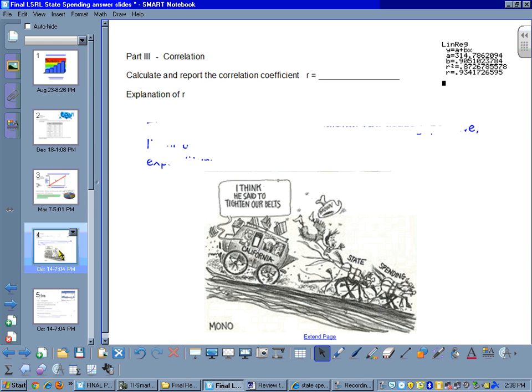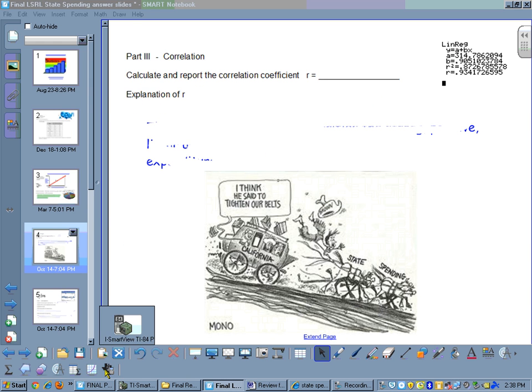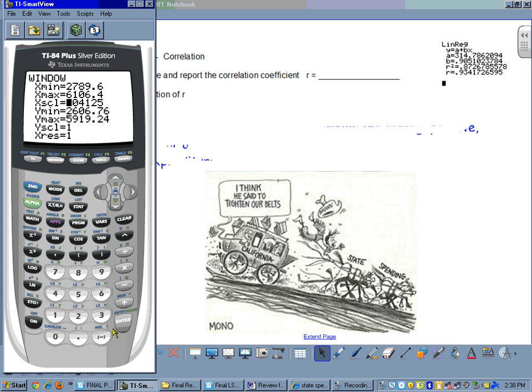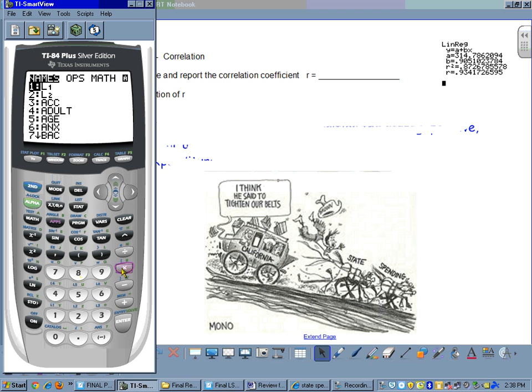The next step, we are going to have to do stat calculate 8. So quitting out of the window, we do stat calculate 8, and we're going to do it on the revenue, comma, the expenses, and then I'm going to use my second key to put it into vars, y-vars, enter, enter, and all of that information is what I'm going to need next.